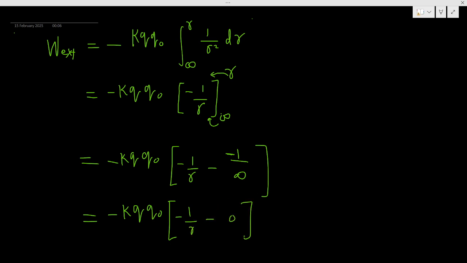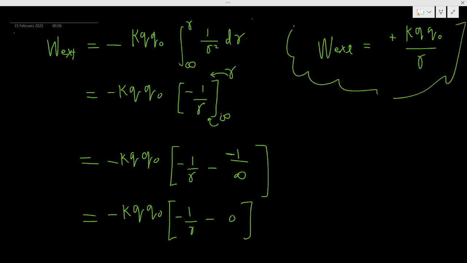That is 0. Keep this in mind: 1 by infinity is 0. So work done by external force, minus minus is plus, so we have K Q Q naught by r. And keep one thing in mind, this work done is also known as electric potential energy. So this is also the expression of electric potential energy, K Q1 Q2 by r.